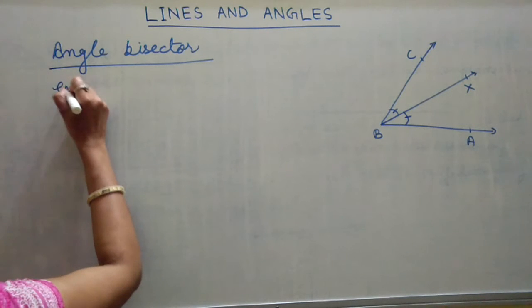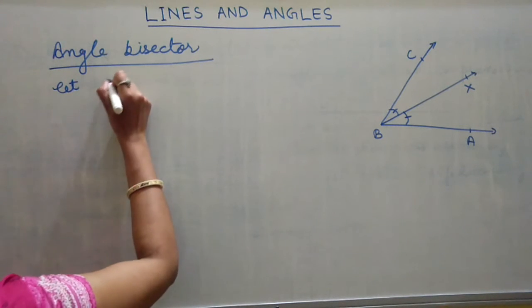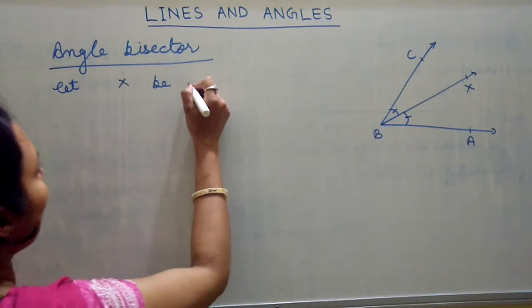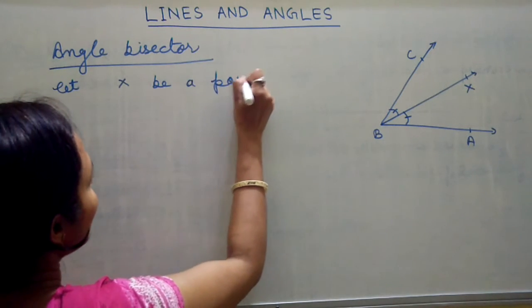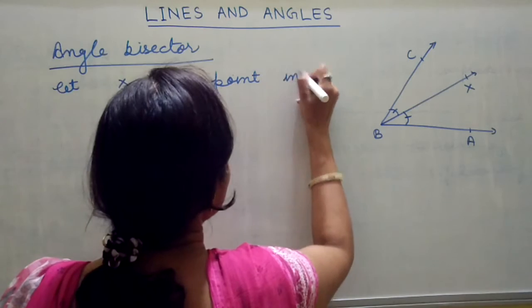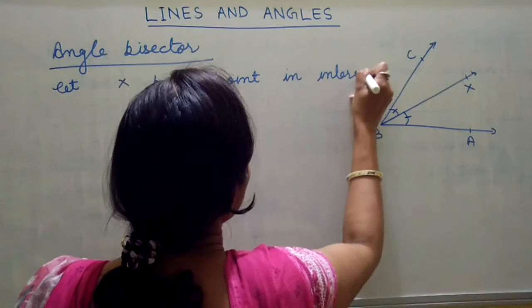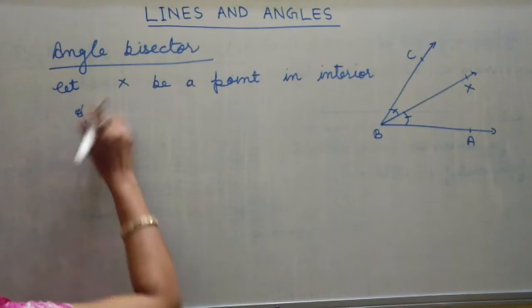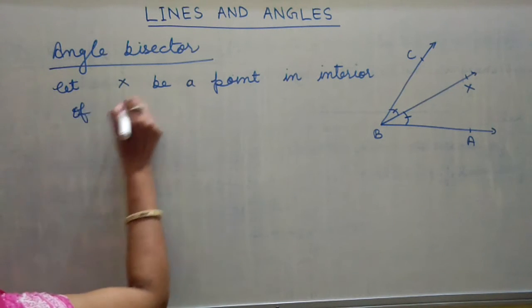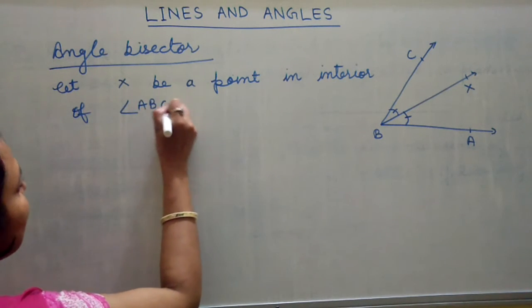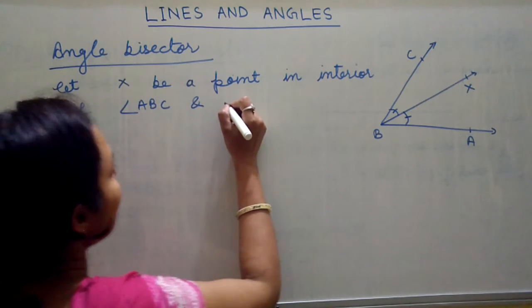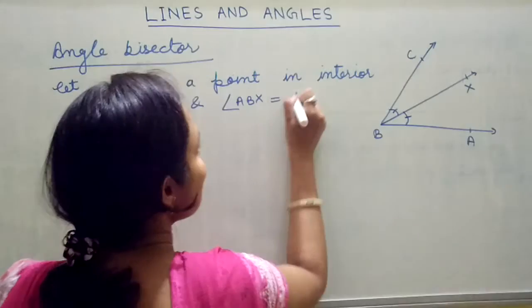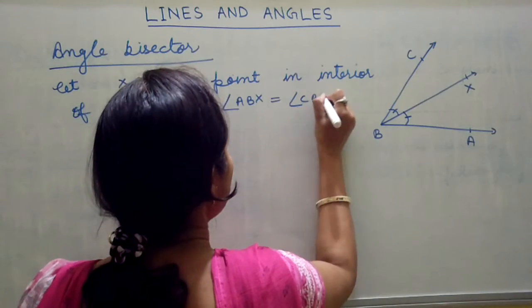Let X be a point in the interior of angle ABC and angle ABX equals angle CBX.